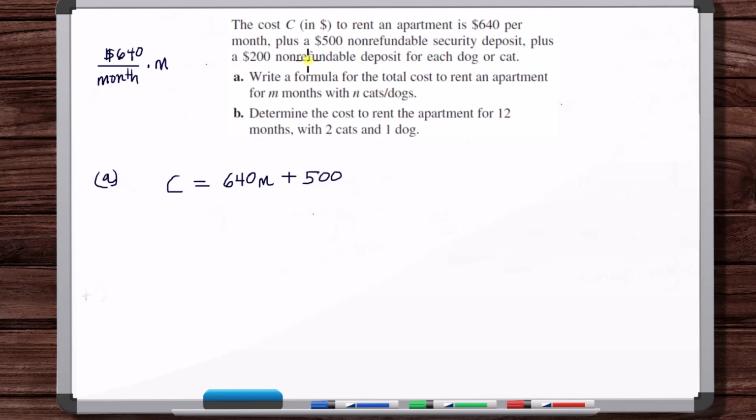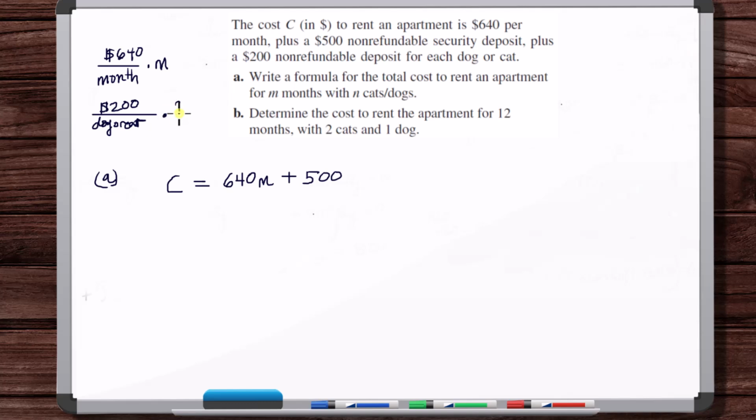Plus a $200 non-refundable deposit for each dog or cat. So this is not per month. This is just once you rent the apartment, for each dog or cat, it's $200. So think about it this way: it's $200 per dog or cat. Okay?